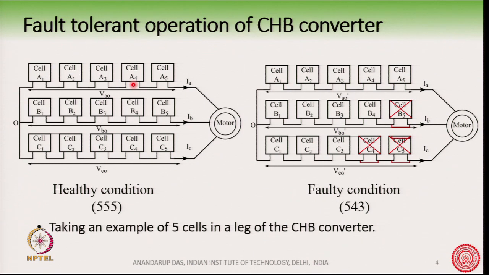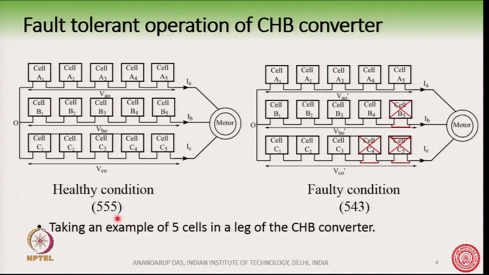Now, this is a healthy converter, since there are 5 cells in each phase. So, we denote this combination as 5 5 5 here: 5 cells in A phase, 5 in B phase and 5 cells in C phase. And all of them are perfectly healthy, and so all of them are in the circuit.